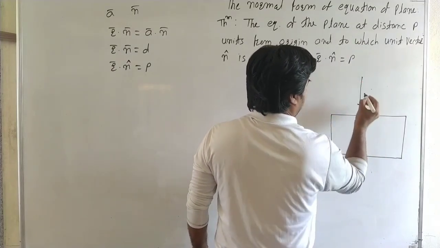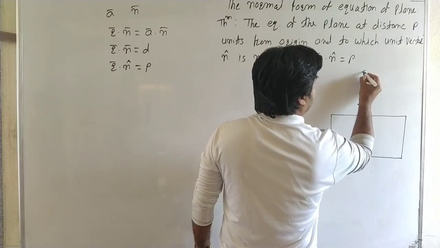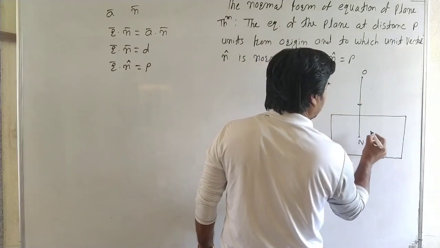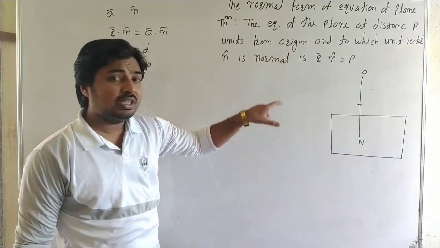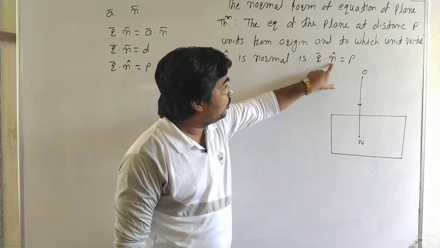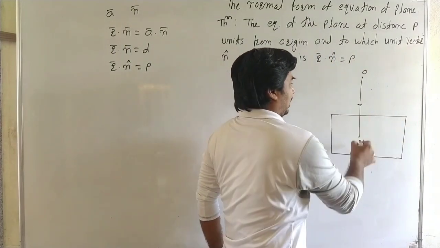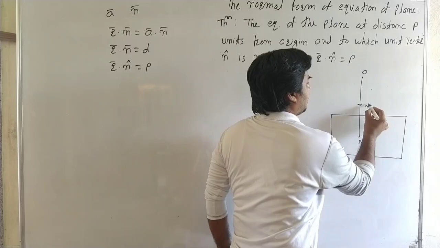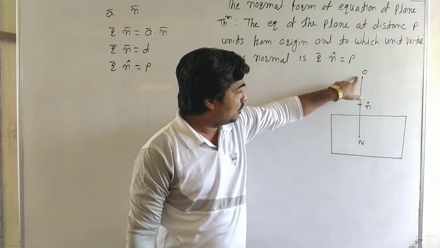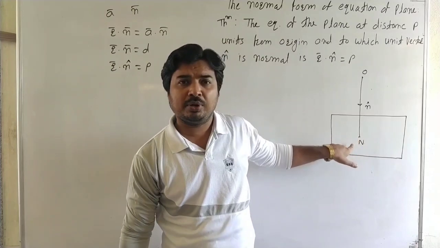Suppose it is O and it is N. ON is a normal to the plane, see carefully. Then we have the unit vector along the normal, suppose it is n cap, a unit vector along ON, from O to N, and the point N is the foot of the perpendicular.